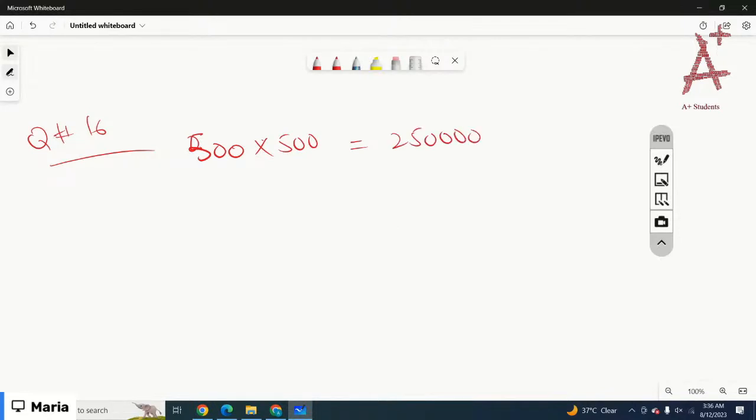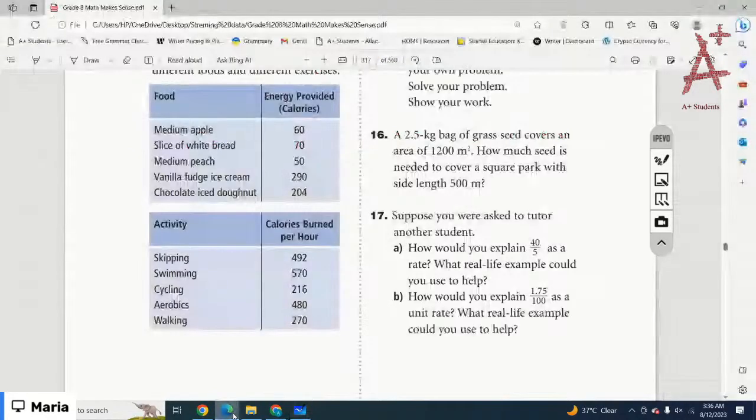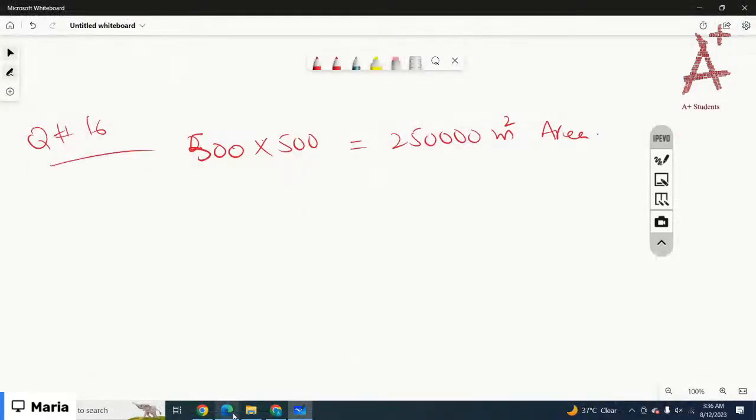That is the area, right? For the side length given. Okay, the question is you are given that 2.5 kg covers 1200 square meters. So you have to calculate. We're going to calculate the unit ratio of grass per 1000 square meters.